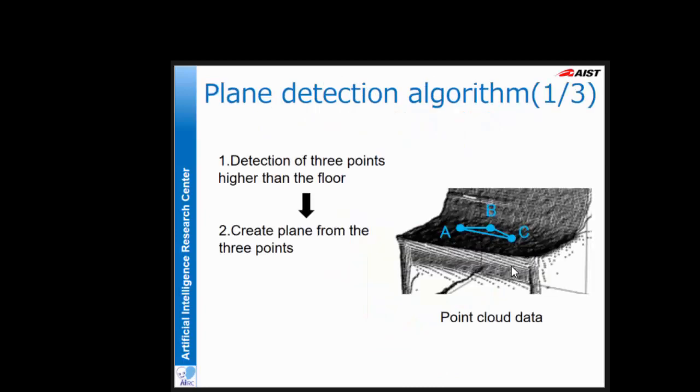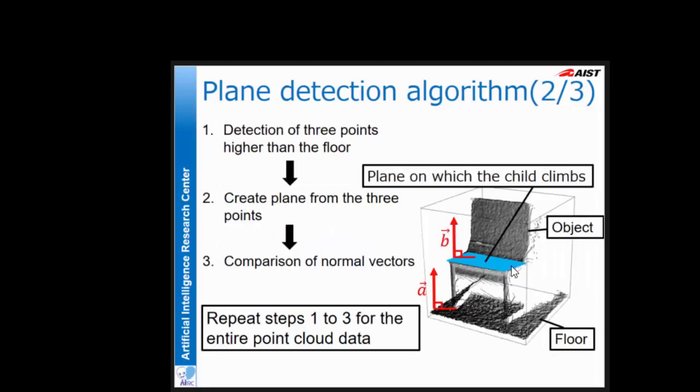Then the plane detection algorithm detects 3 points located close to each other higher than the floor from point cloud data acquired by Kinect and creates the plane from the 3 points. Then compare the normal vectors of the plane and the normal vectors of the floor and determine if it is parallel to the floor.